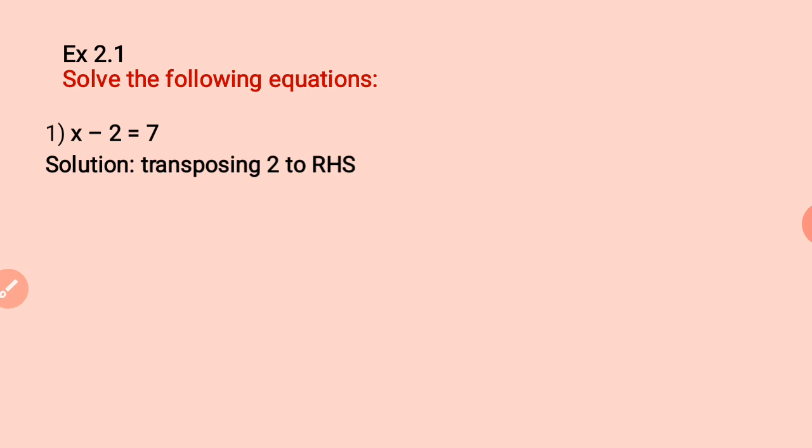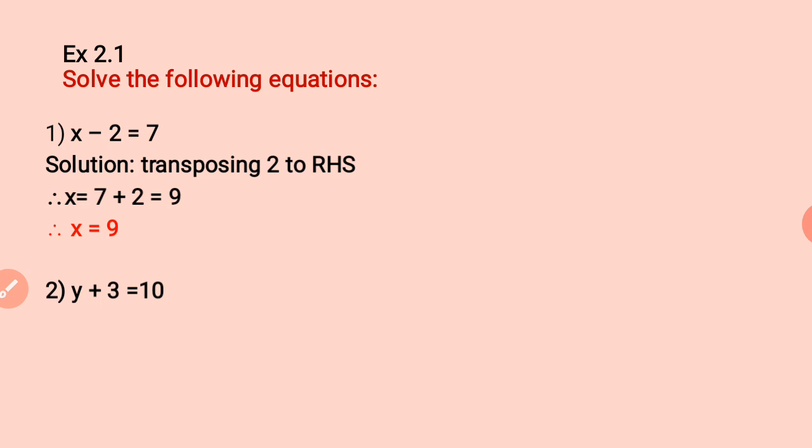So we are transposing 2 to the right hand side. This minus 2 when it moves on the next side becomes plus 2. And when x minus 2 is there and you have removed minus 2, you are only left with x. So the next statement is x equal to 7 plus 2, that is 9. So x equal to 9 is the answer or the solution.